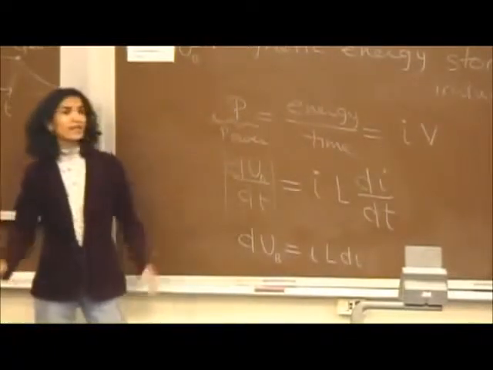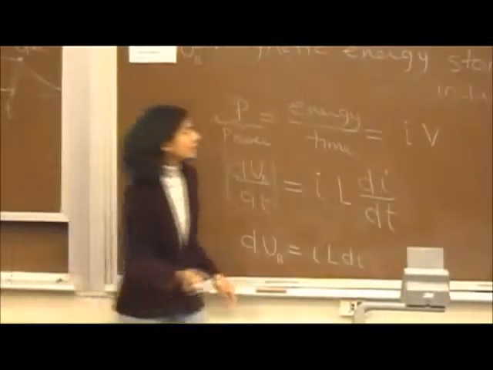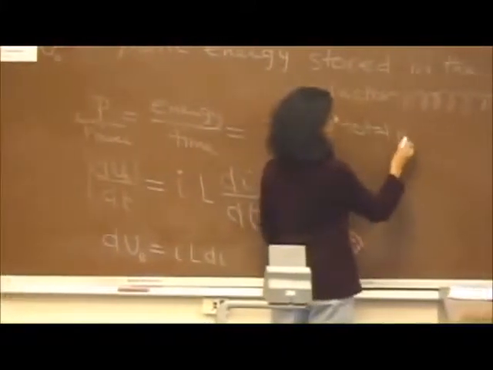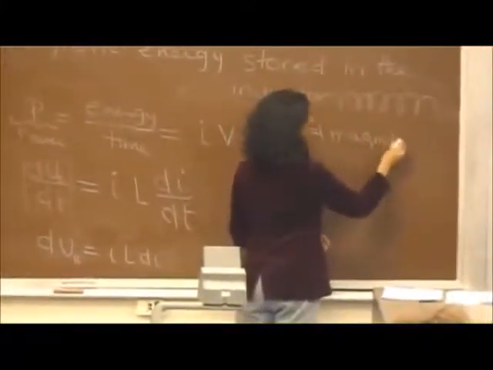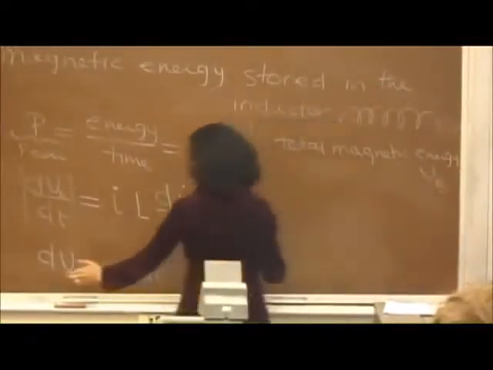So what would be the total magnetic energy stored? Can I integrate both sides? Yeah. So total magnetic energy, U sub B, can be found by integrating this.